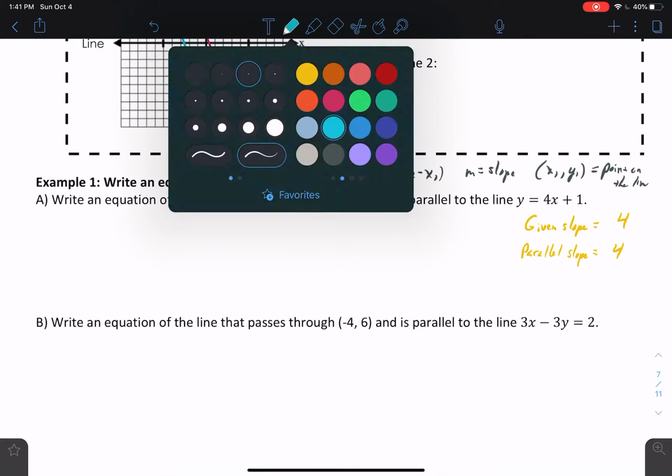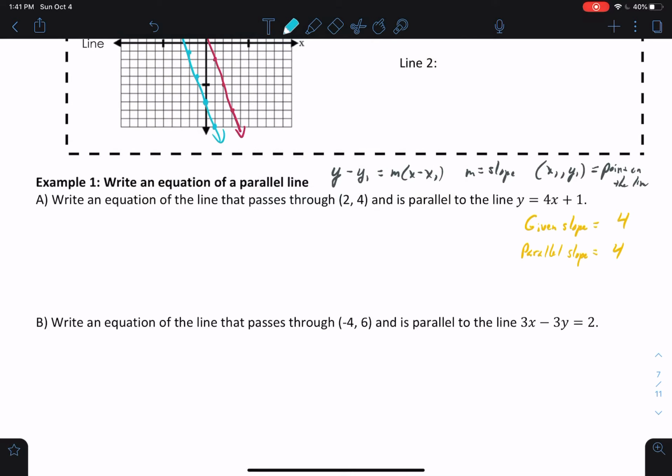So for the line that goes through this point and has this slope, I'm going to do y minus the y coordinate, which is 4, equals my slope, which is 4, times x minus the x coordinate, which is 2.